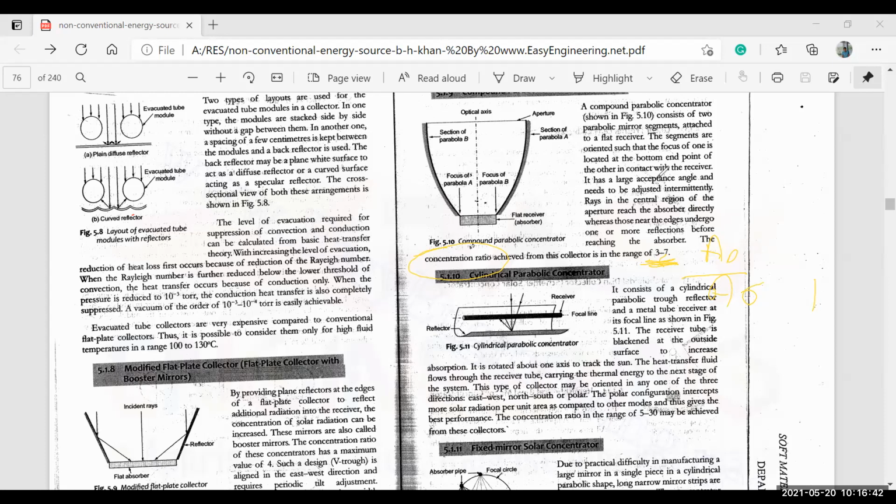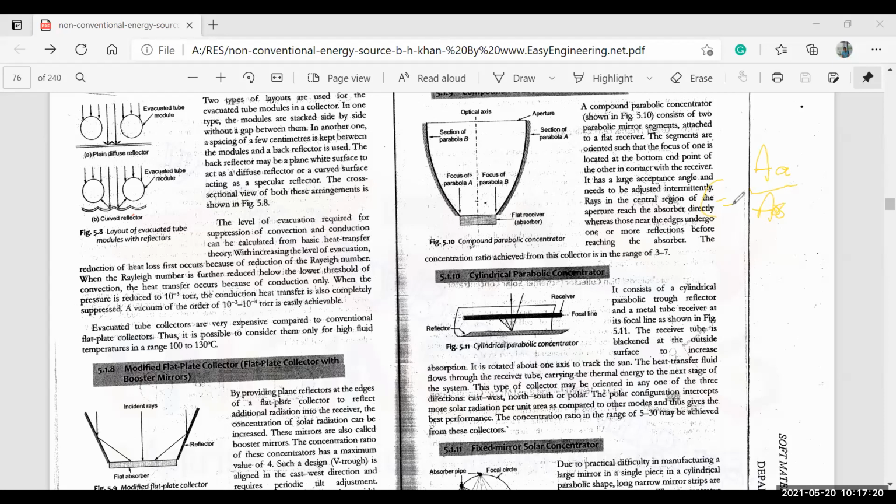You could write it as area of aperture by area of receiver, that is your A_R, and this concentration ratio is 6. Both are in square meters, as you know.